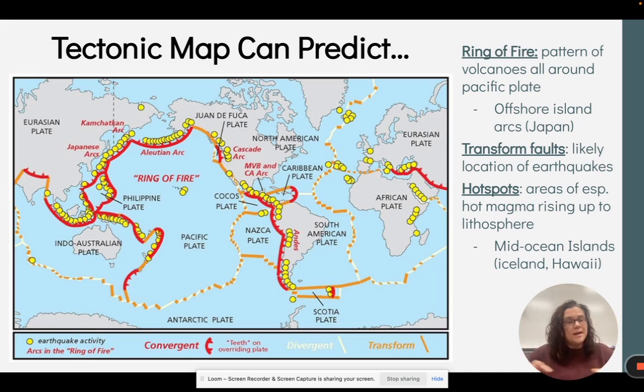So think of the Hawaiian island archipelago. That is happening on a hotspot. We can measure the movement, or the speed, of those tectonic plates by looking at the size of the larger islands and also how far apart those islands are. And again, you'll do a little bit of that for homework.